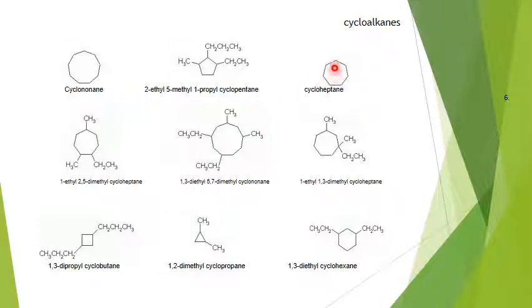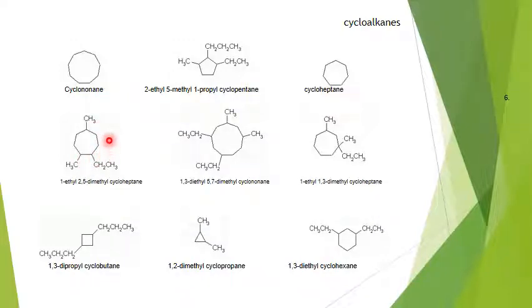Okay, cycloheptane. Yeah, 7 points. So 7 is hept. All right, next structure. This is also a cycloheptane, and it has ethyl and 2 methyl. Start with the longest chain, give that a 1, and then give the direction that gives you the smallest numbers.